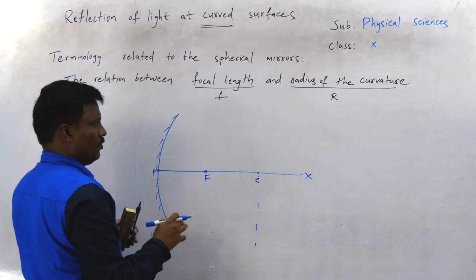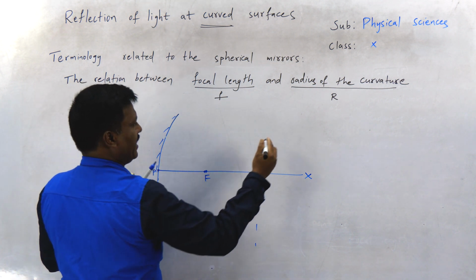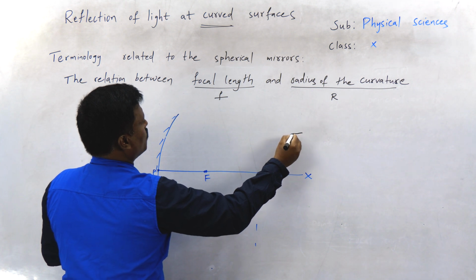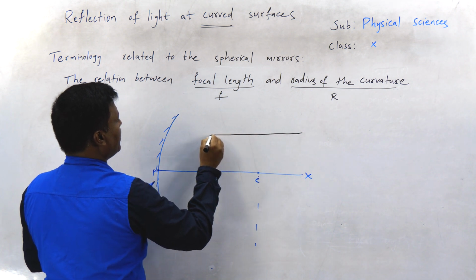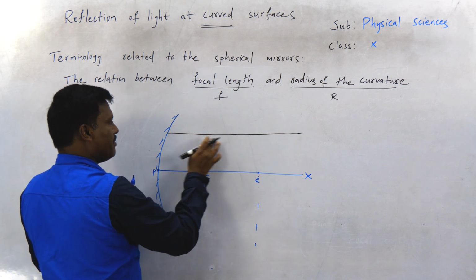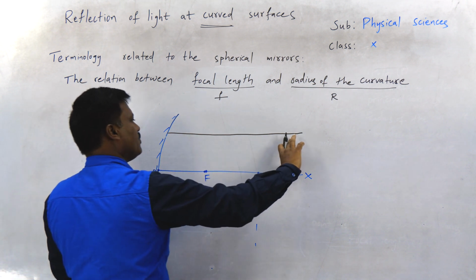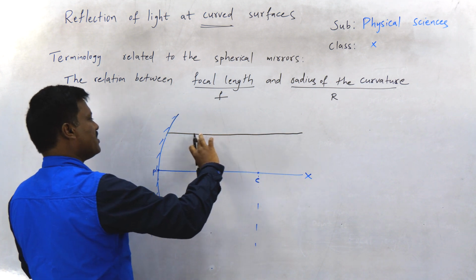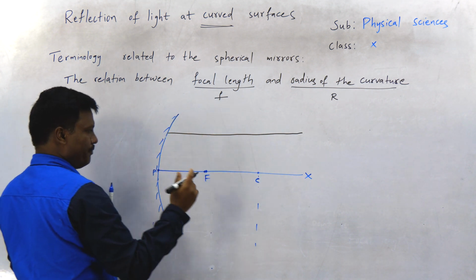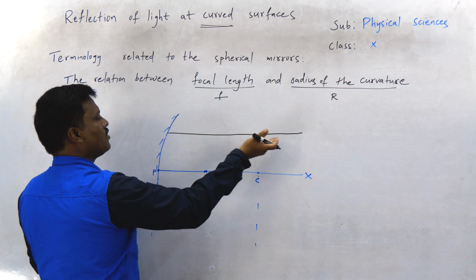Okay. Now let us imagine a ray incident on the spherical mirror. And how is this ray coming? This ray is passing parallel to the principal axis. You see the angle between these two is always 0. This ray is not making any angle with the principal axis, so 0.